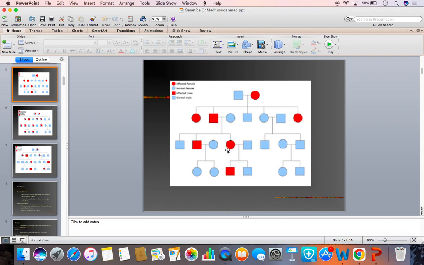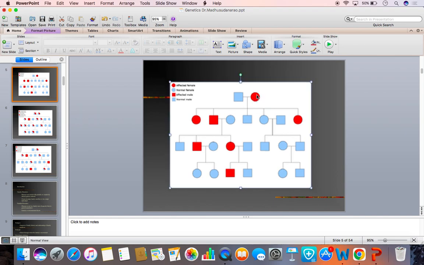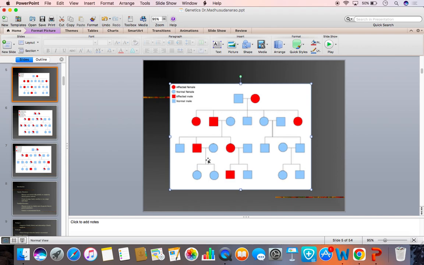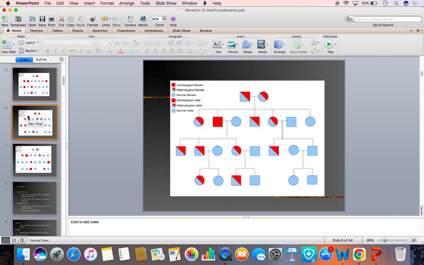Okay, because the disease is transmitted from one generation to another generation, and there is an individual suffering, inheriting the disease in each generation. This is called vertical transmission of the disorder. Remember these slides when you are talking about the modes of inheritance.